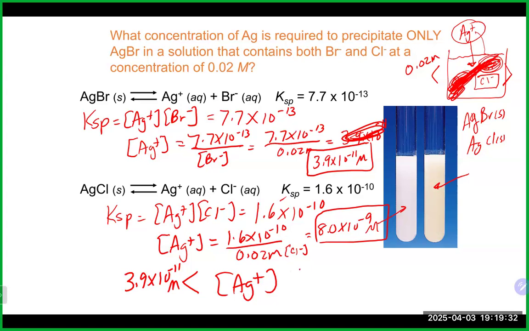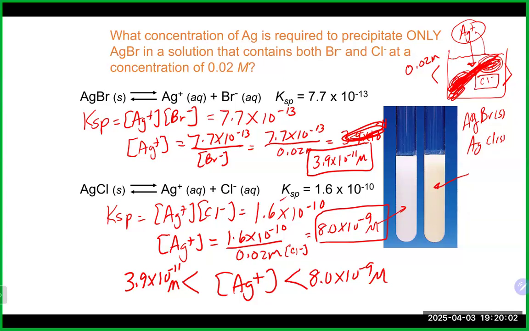Now, if we keep that concentration less than 8 times 10 to the minus 9, we will see only silver bromide coming out. So if you were going to do this, what you would want to do is get a silver concentration. And again, if your silver concentration is less than 3.9 times 10 to the minus 11, you won't see a solid come out. So that's back to what we were talking about a second ago. That concentration of everybody is really important as well.